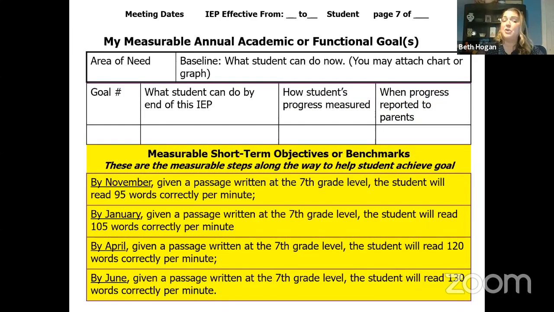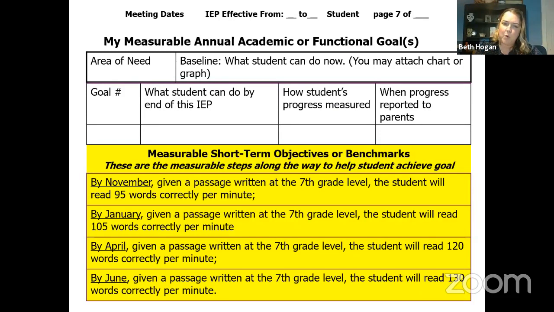If my student is nowhere near 95 words a minute, maybe we need to go back to the goal and make some changes, or maybe we need to change some of the methods that we're using. It's a good way to gauge the progress and how quickly it should be happening. And it gives you the ability to be checking that progress on your own without constantly having to be calling a meeting. But you certainly should be calling a meeting if you feel like this progress isn't being made.